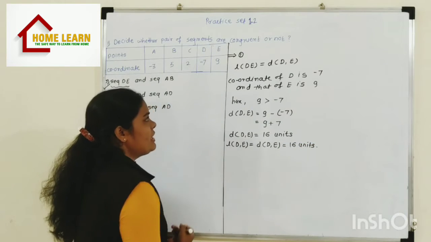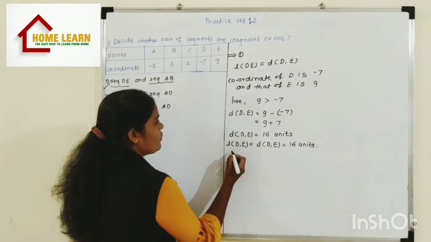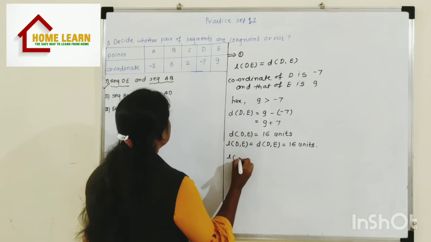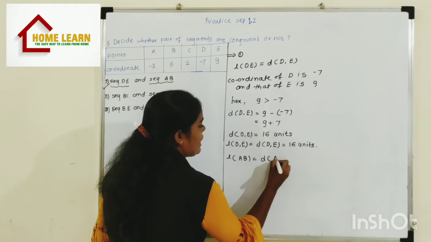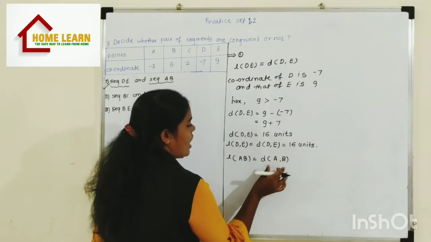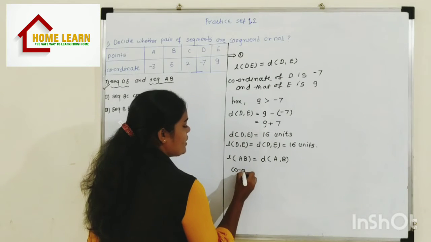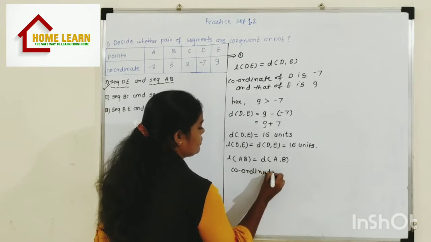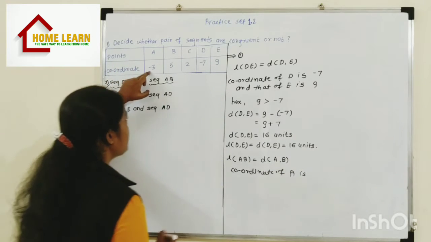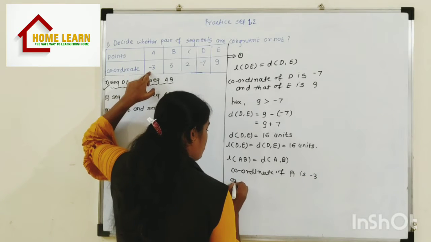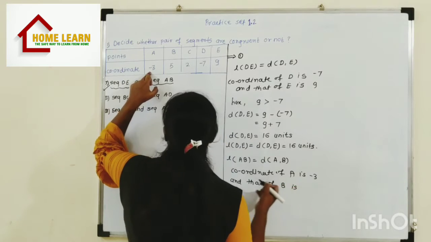Let's take the next segment, that is segment AB. See here, the length AB is equal to the distance between point A and B. How to calculate this? Again follow this procedure: the coordinate of point A is -3 and that of B is 5.